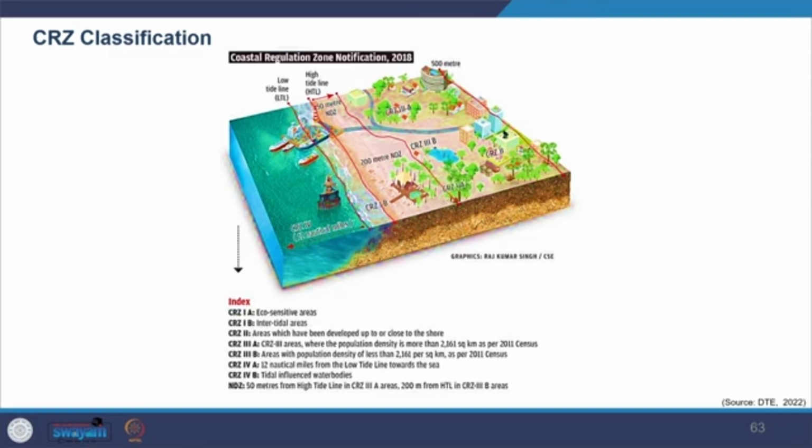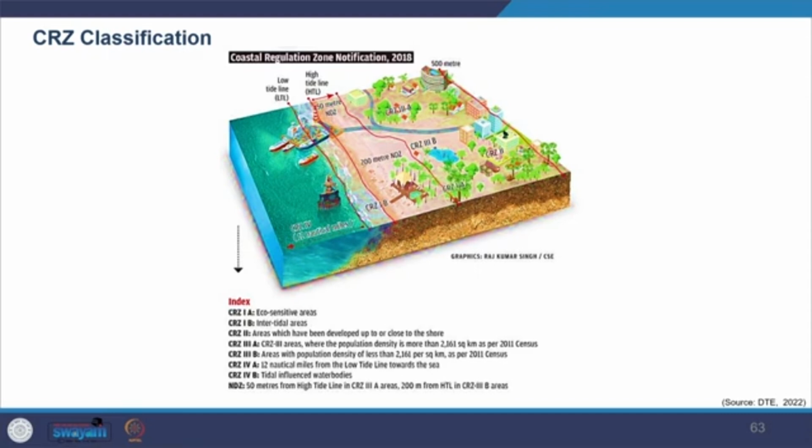If you look at it, CRZ1 areas are environmentally most critical and are further classified as A and B. CRZ1A would be the ecologically sensitive areas, ESA, and the geomorphological features which play a role in maintaining the integrity of the coast.